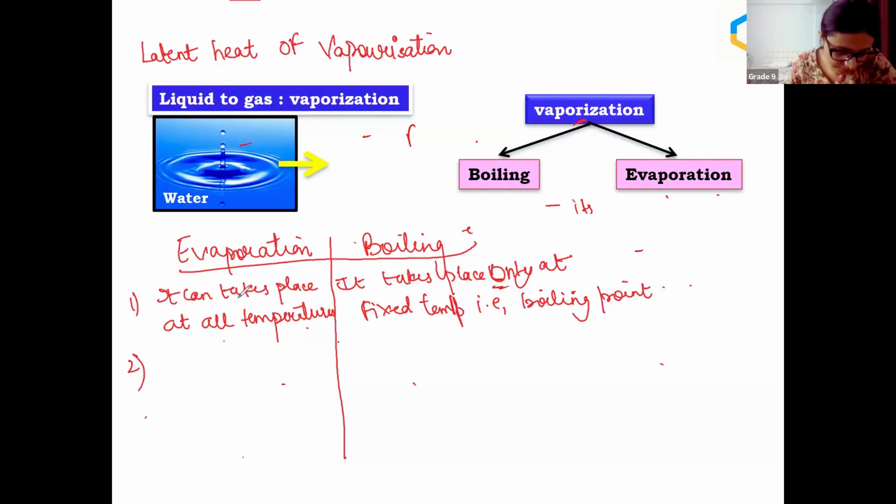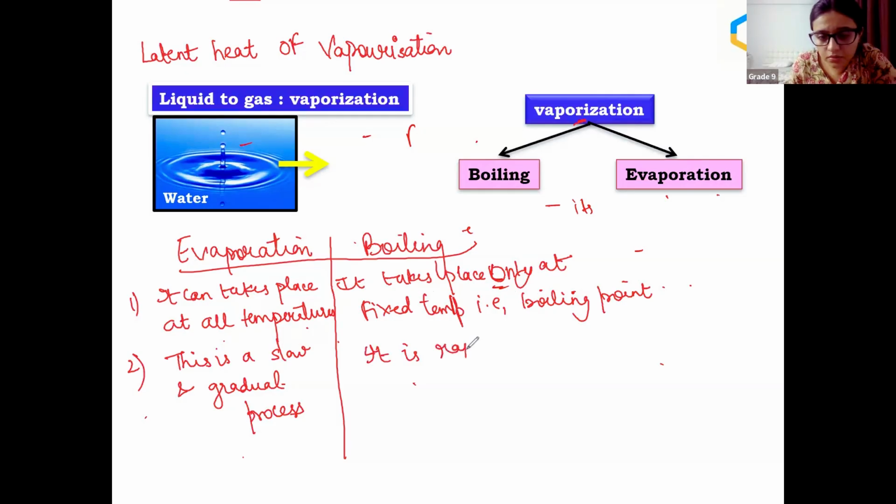Number second, evaporation is a slow and gradual process, and boiling is a rapid and violent process.